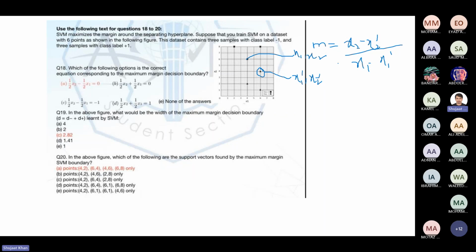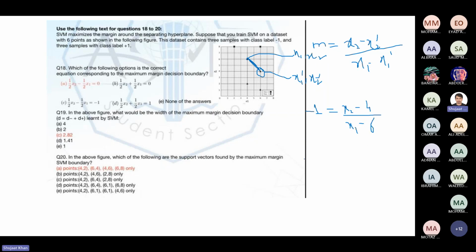Okay, so we know the slope is -1. This slope is -1, and x2 minus 4, and this one is x1 minus 6.